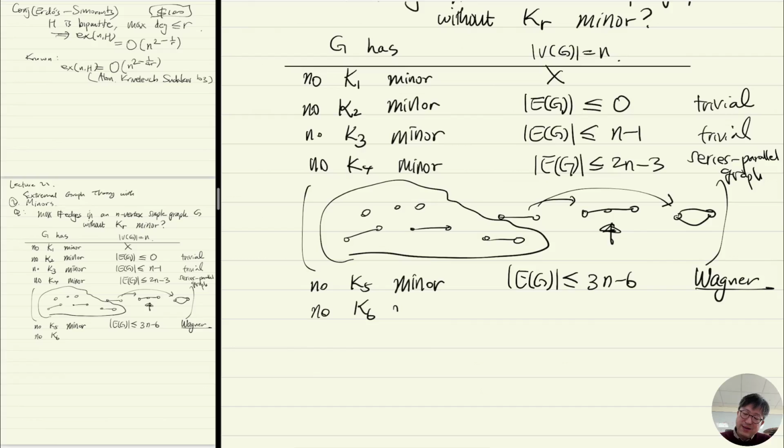No K6 minor. So Wagner actually has a structure. So we have a full description of graphs without K5 minor. We don't have a full description of graphs without K6 minor, but what we do have is this bound. This is due to Mader.